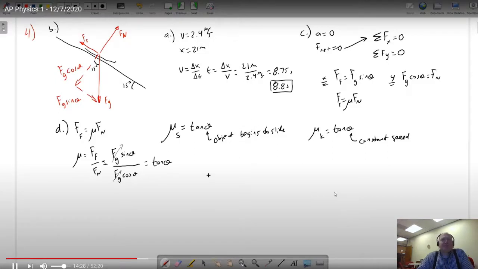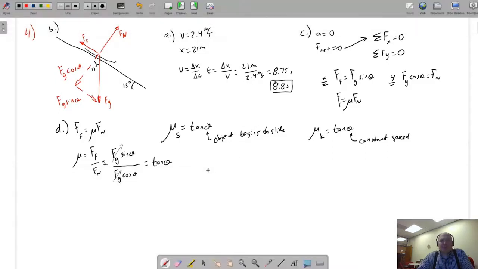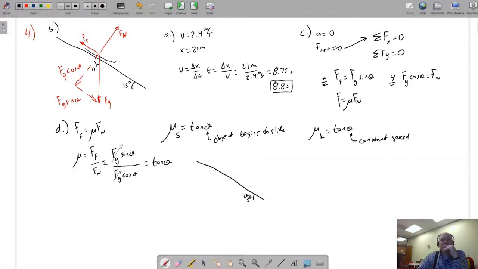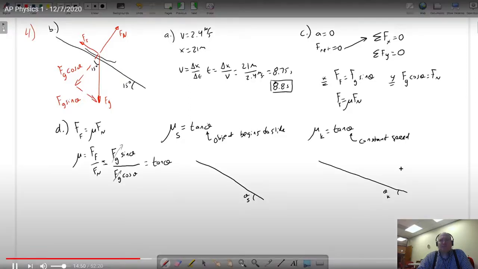In the case of this problem, there's some angle here, theta, to make it just begin to slide. All right, theta sub s, but the angle to make it slide at a constant speed is going to be a smaller angle. Cool. All right, theta sub k. Hopefully you can see that I made this one a little bit lower.